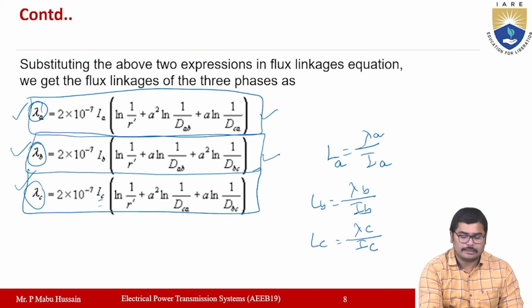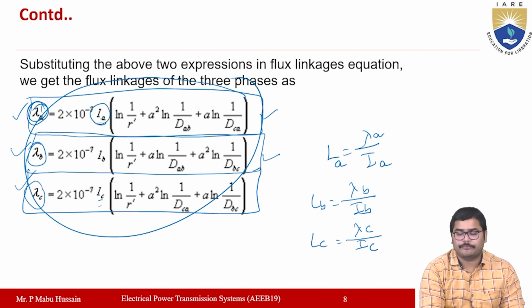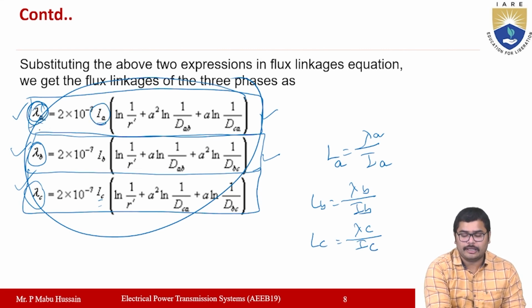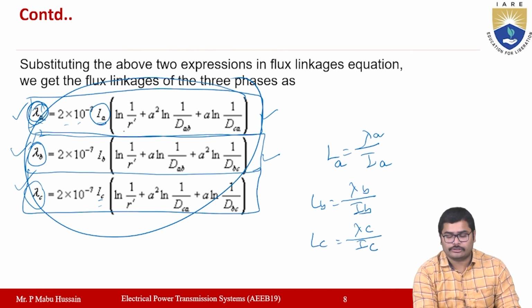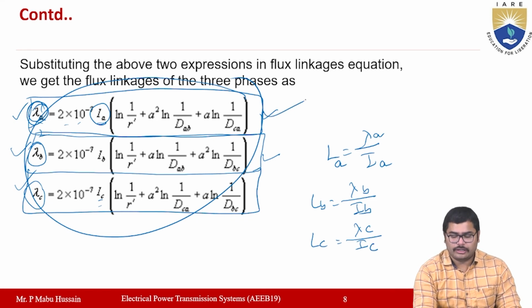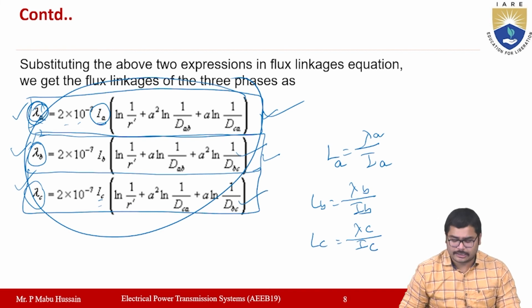So from these equations you can simply write. Here we have lambda A, and this side we have IA, right? Lambda A by IA will be equal to 2 into 10 power minus 7 ln 1 by r dash plus a square into ln 1 by dab plus a into ln 1 by dca. Okay, like that you can derive the inductance of conductor B and conductor C also.